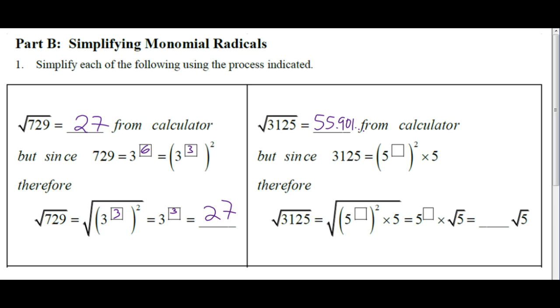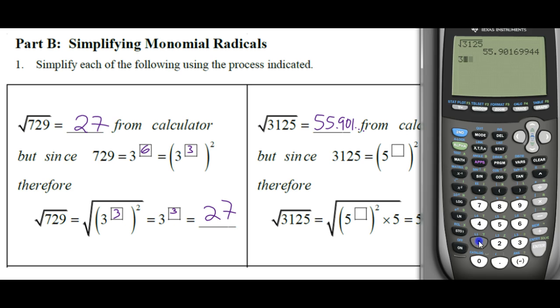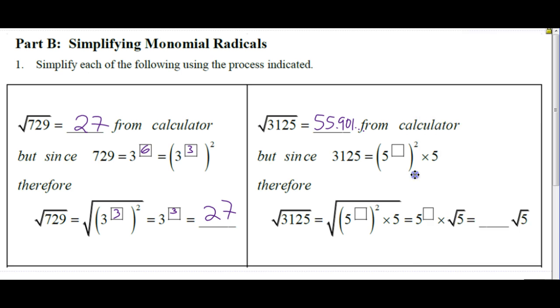So let's go back to here and go, what's 3125 divided by 5? 625. 625 is 25 squared. It's 5 squared squared.